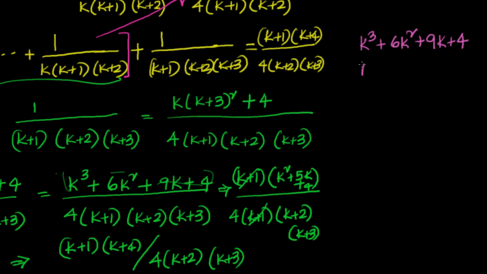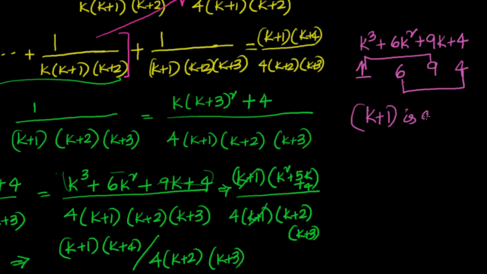Now here you can see the k cube coefficient is 1, the k square coefficient is 6, k is 9 and the constant is 4. You can see that 1 plus 9 is equal to 6 plus 4. So k plus 1 is a factor. Now how do we find the other factor?